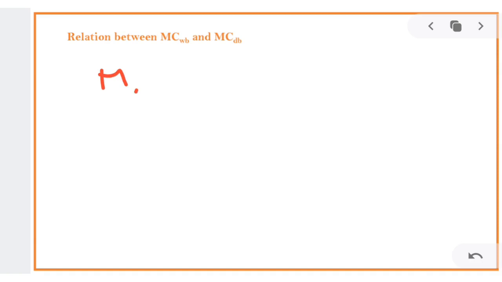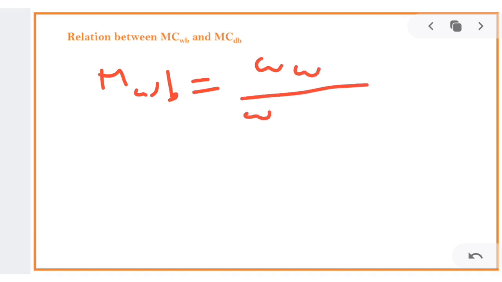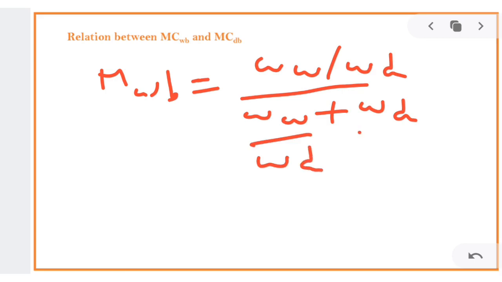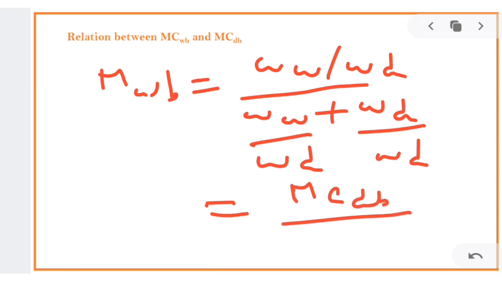We know that moisture content on wet basis equals weight of water divided by weight of water plus weight of dry solids. So divide both numerator and denominator by weight of dry solids. We know that the ratio of weight of water to weight of dry solids is moisture content on dry basis.